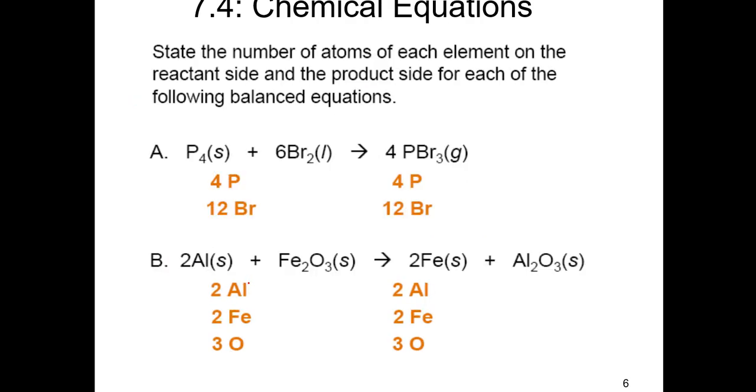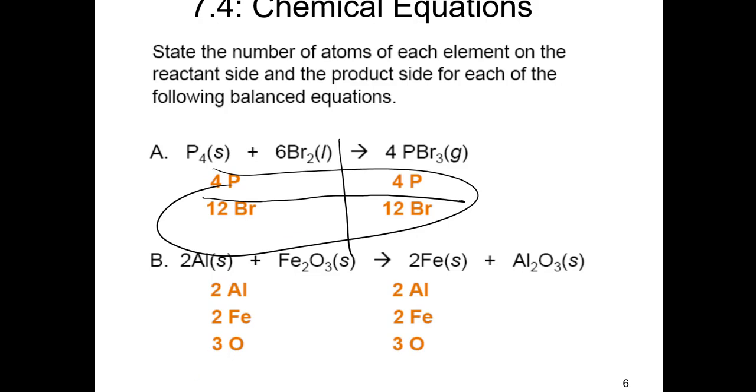So we're going to have to come up with an equation balancing grid in order to figure out the proper coefficients to go in front of each of these. These coefficient grids will allow us to figure out what coefficient multipliers are going to go in front.